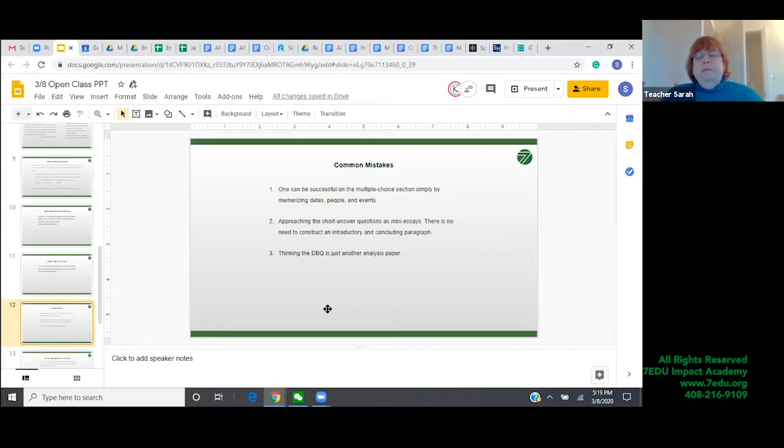Also, some people want to approach the short essay questions, or the short answer questions, as mini essays, because it's been drilled into you for so many years. You have to have an introduction, body paragraphs, and a conclusion. But there's no need in this to construct that introductory or concluding paragraph. Just get it out there, short, sweet, to the point.